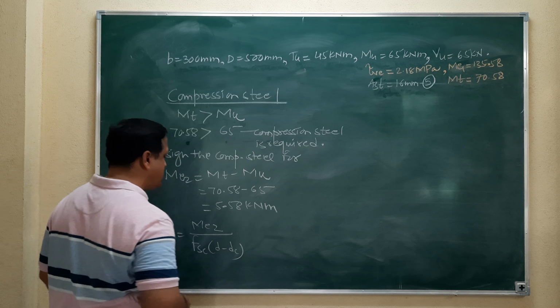So these are the D dash upon D ratios, and for Fe 415 and Fe 500 you have to know these values.